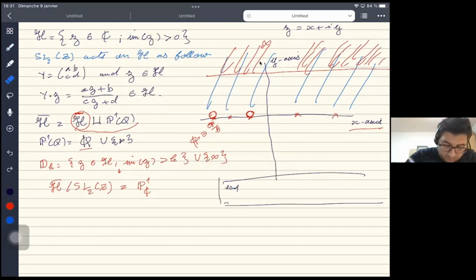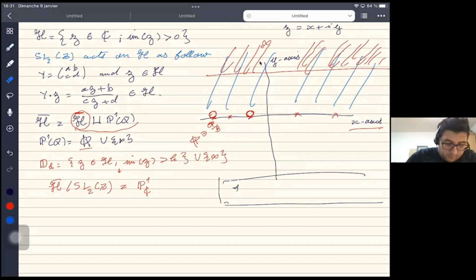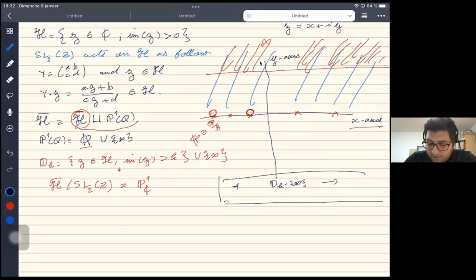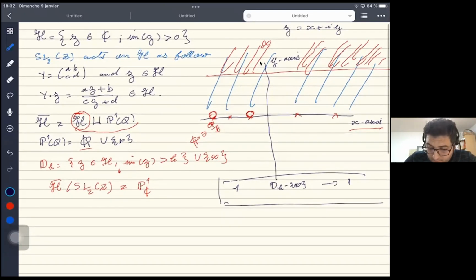If you consider this map from DH minus infinity, so we take just the complex numbers whose imaginary part is strictly bigger than H, you can send them to the open disk of center 0 minus 0.